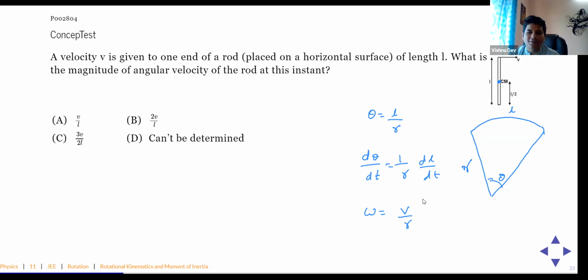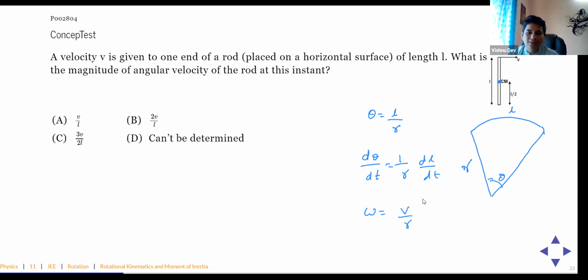Think about it. First of all, what is the motion like? What is the axis? Because R is the displacement. Tell me, R is the distance from the axis. Yes or no? That is the concept.